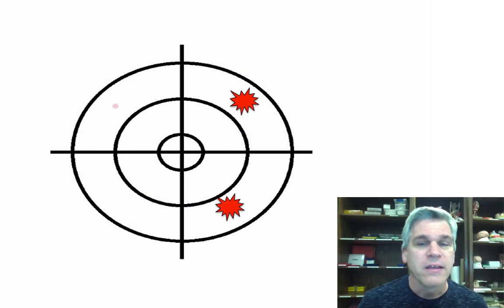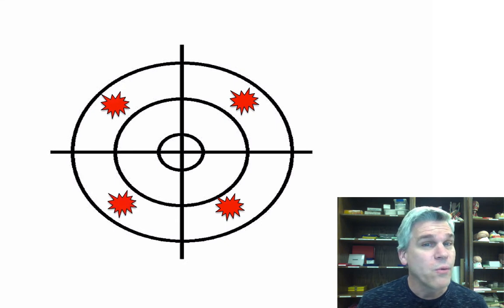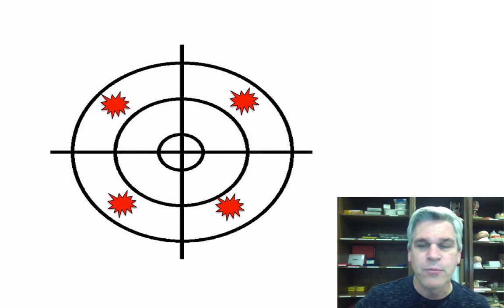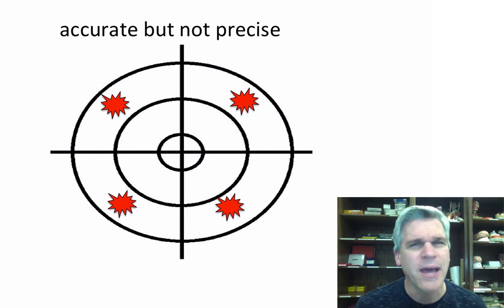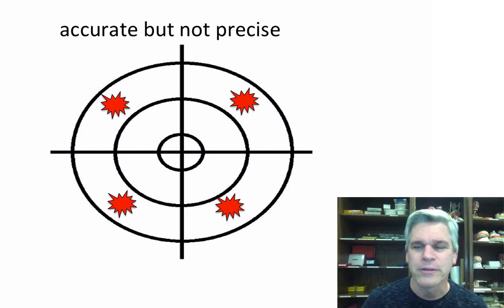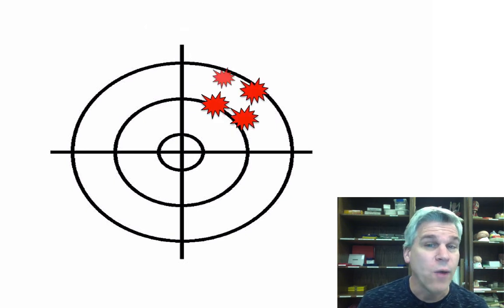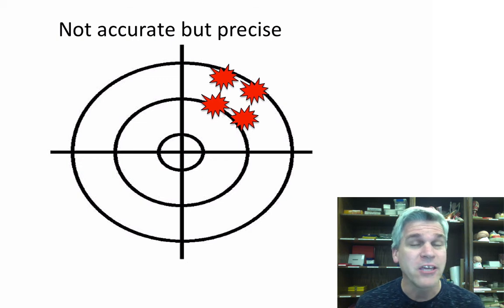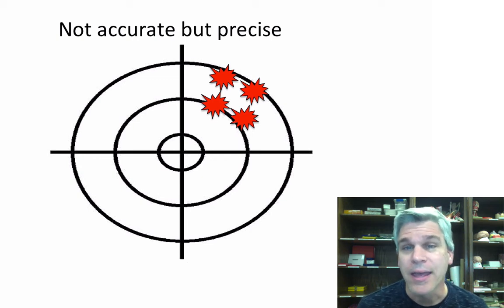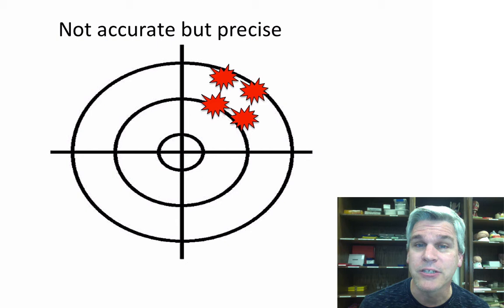However, now when I'm shooting, I'm getting everything in the same ring, so I'm pretty accurate, but I'm not precise. It's still all over the board. What if I start doing this, and all of my shots are real close together? I'm not very accurate because I'm missing the target, but I am precise. I'm hitting the same spot each time.